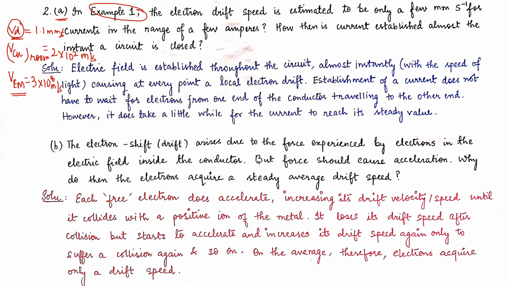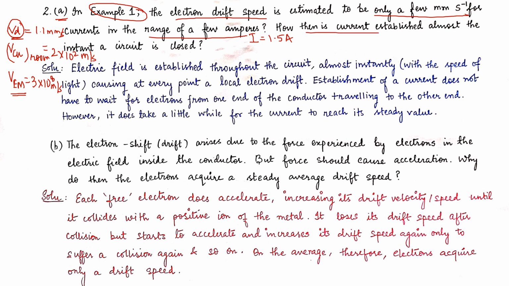With respect to this data, we got a question as subpart 1 of question number 2: the electron drift speed is estimated to be only a few millimeter per second. Yes, we have seen this in example 1. For currents in the range of a few amperes; the current provided in the previous question was 1.5 amperes.